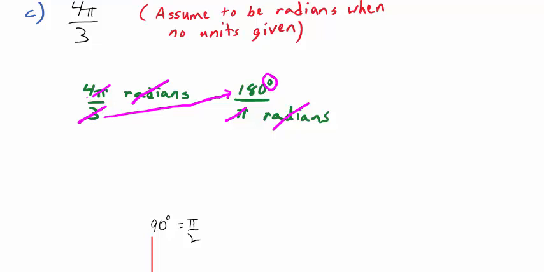How many times does 3 go into 180? 60 times. And then multiply straight. There's 1 left down here, 1 left down here. So in the denominator, you're going to have 1 times 1, or just 1. And then in the numerator, you're going to have 4 times 60 degrees. What would that be? 240. Don't forget the degrees symbol. So multiply straight across, get 240 degrees.